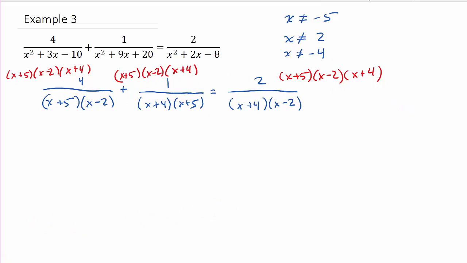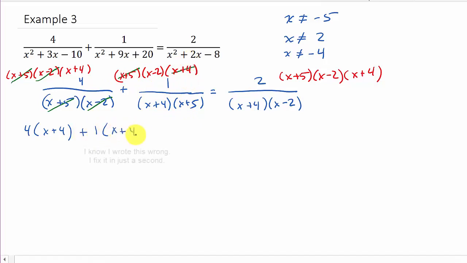So let's look at this. The x plus 5 cancels and the x minus 2's cancel. And I'm left with 4 times x plus 4. And here the x plus 4 and the x plus 5 cancel. And so I'm left with 1 times x minus 2 equals.